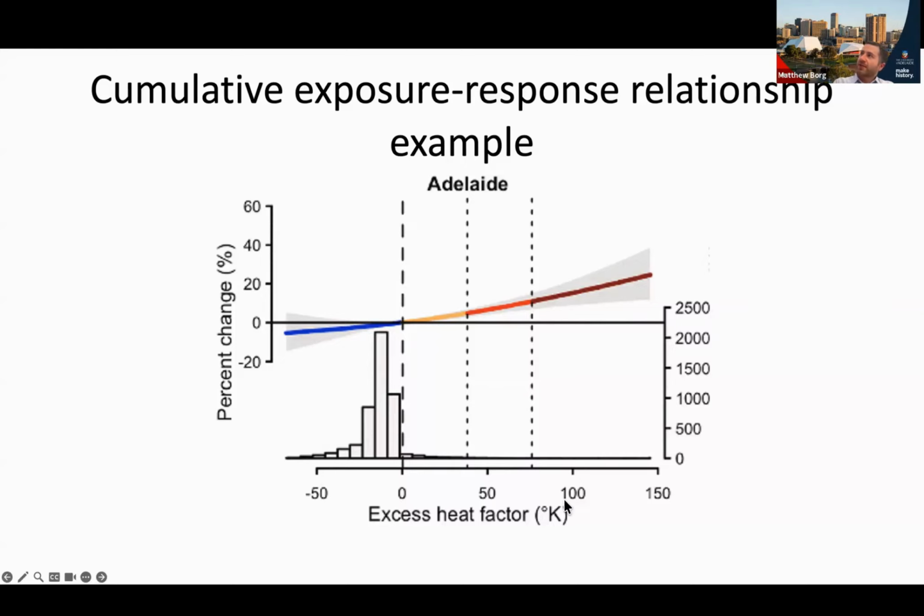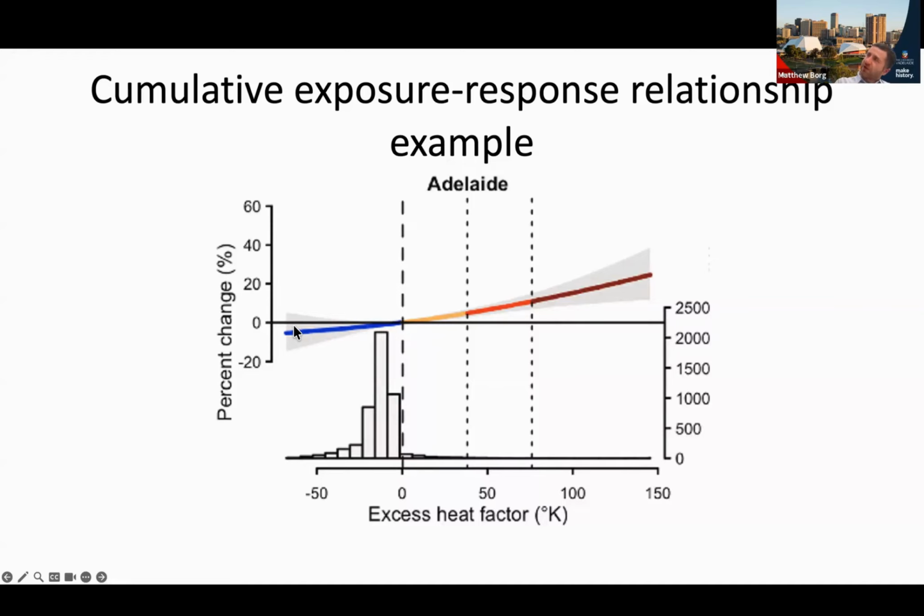We've got excess heat factors as a histogram at the bottom. We can see there's a large peak, where most values are negative, and then there's a very sharp skew towards higher values, with EHF values getting very high. And it's quite common to see high EHF values in countries with fairly dry climates.